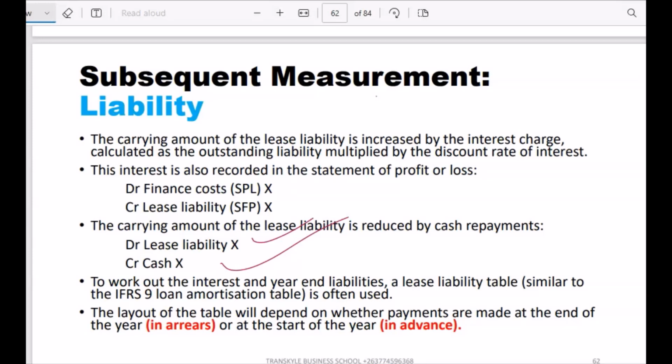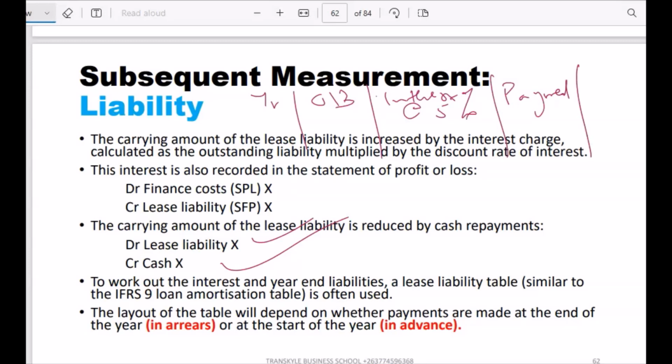So if it is in arrears, we're going to have an amortization table like this one, where we have the year, the opening balance, the interest, usually at the rate implicit, for example 5%, then reduced by the payments which are deducted, and then we have the closing liability, or the balance c/d. That's for the in arrears arrangement, when the payments are made in arrears.